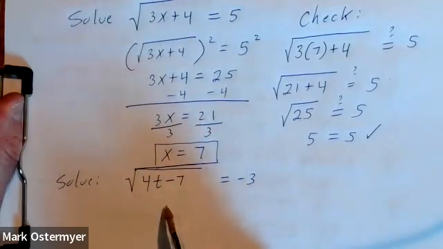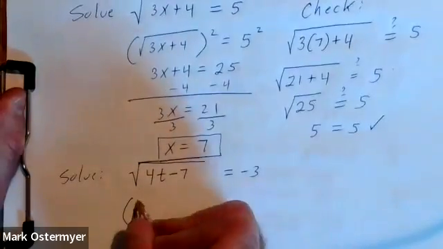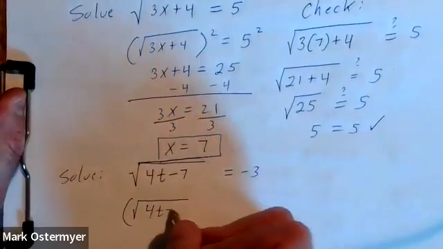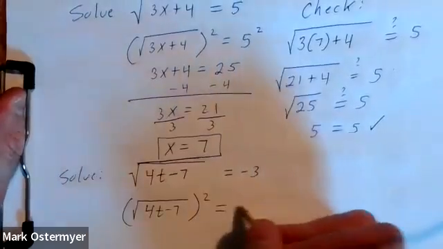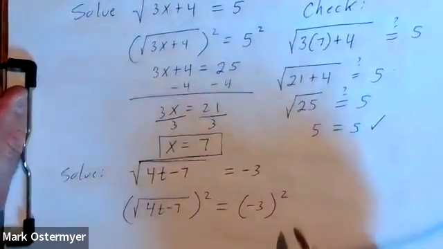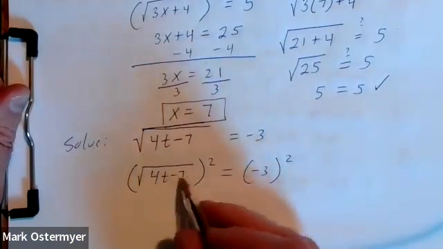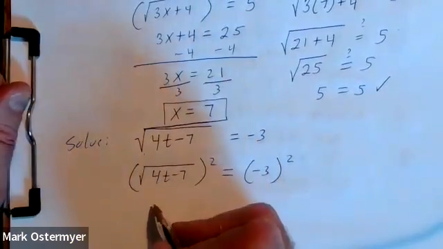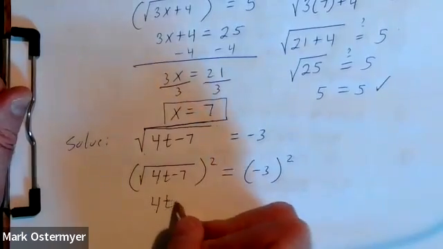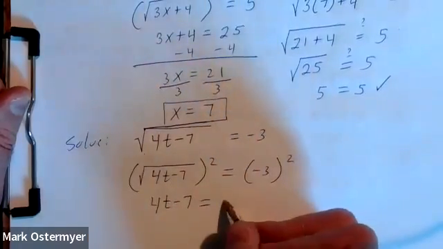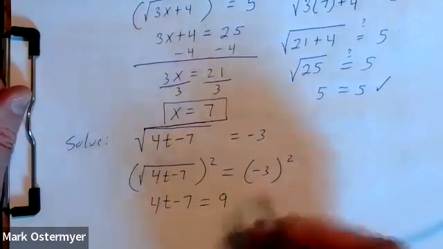Well, the good news is we already have it isolated. So we're now going to square both sides of this equation. Now, when you square the left side, the square root and the square disappear since they're inverse operations of each other. And what results is 4t minus 7. On the right side, -3 times -3 is 9.